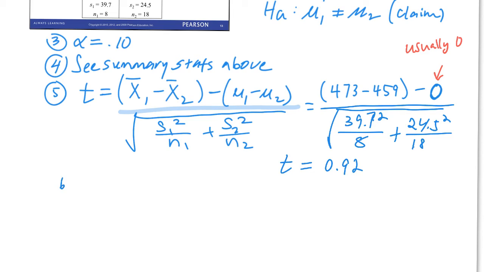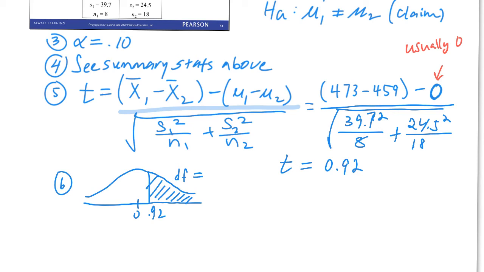Okay, so step 6 is to get the p-value. So the p-value for the test is the tail area for a test statistic of 0.92, doubled because we're doing a two-sided test. We also should write degrees of freedom down here, and the smaller sample size was 8, so we'll do 8 take away 1, or 7 degrees of freedom.